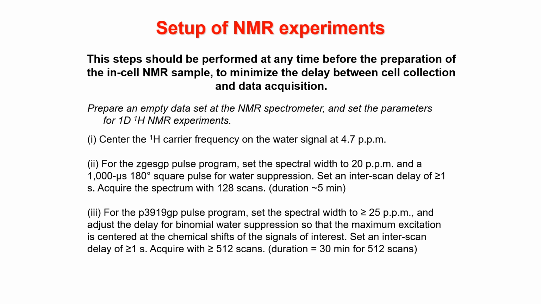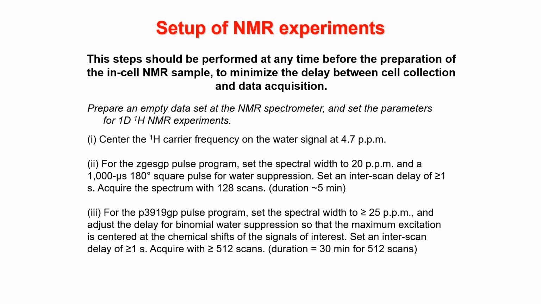So to set up this 1D proton monodimensional NMR spectrum, you center the proton carrier on the water signal at 4.7 ppm. Then this is the pulse program I use, the zgesgp. I set the spectral width to 20 ppm, but it can be 24 or 30, and then a square or sinus shaped pulse of 1 millisecond for water suppression.